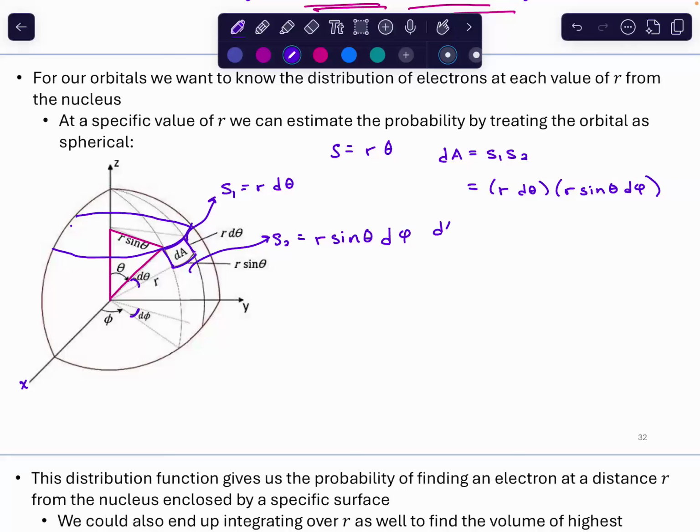And so our area element is going to end up becoming r squared sine of theta d theta d phi.